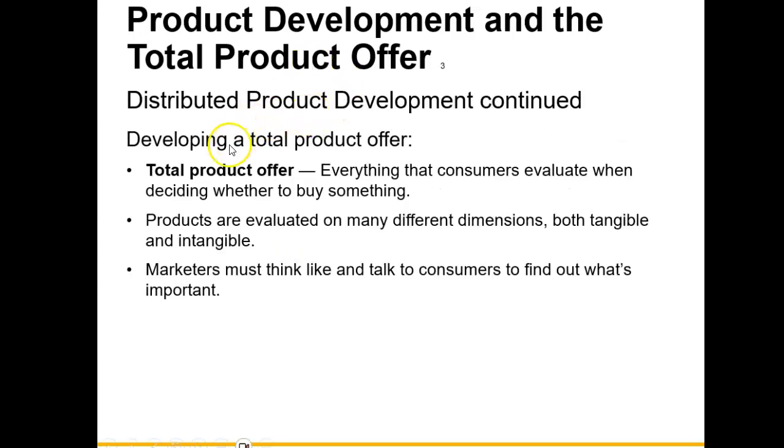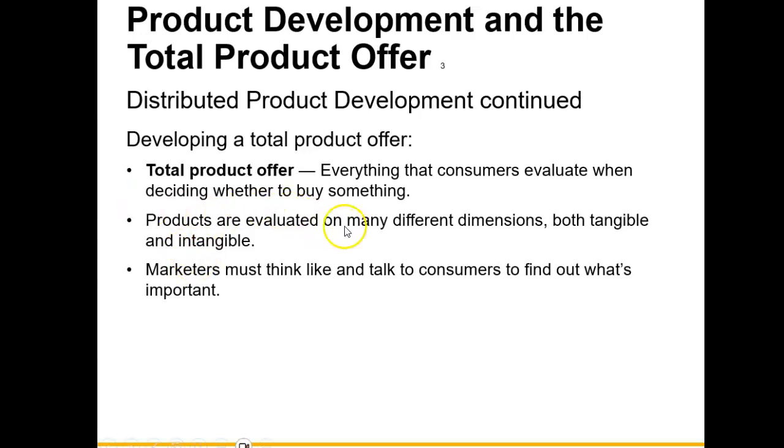Okay. Developing a total product offer. So we talk about a total product offer. That is everything that consumers evaluate when deciding whether to buy something. So think about your process for making a purchase. What are all the factors you're going to consider before you decide to make that actual purchase?